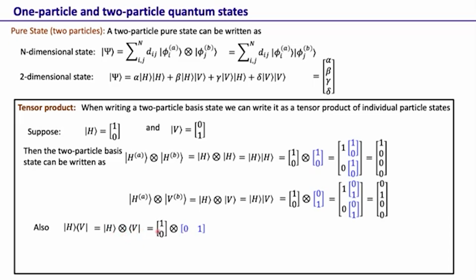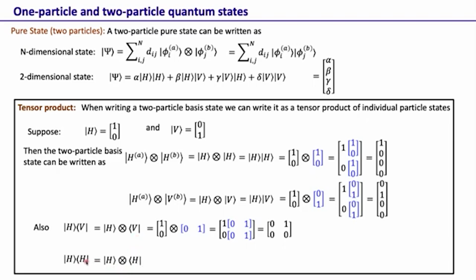If this is a ket, that's a column; this is a bra vector, so that's a row, so it's (1, 0) times (0, 1). So again we take (1, 0) and multiply it with the row here, (0, 1), and so that becomes (0, 1) over (0, 0), because 0 multiplied with 1 is essentially 0. That's |H><V|. So either we can write it like that or write it like that. These are two equivalent things.